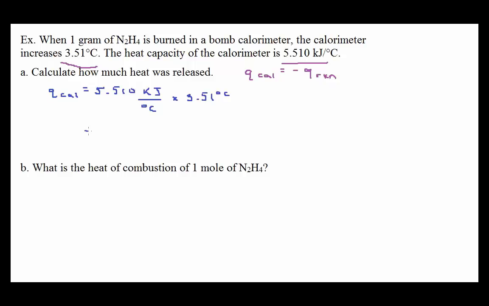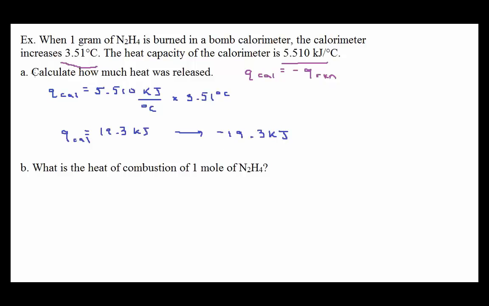And so what we find is that the heat that the calorimeter absorbs is 19.3 kilojoules. Now, if I want to find the heat of the reaction, that is just going to be the negative of that. So the heat of the reaction is negative 19.3 kilojoules.